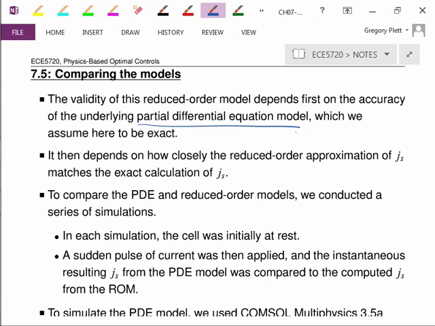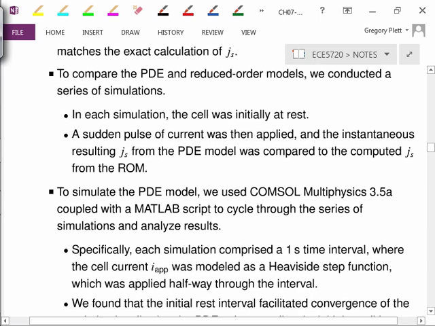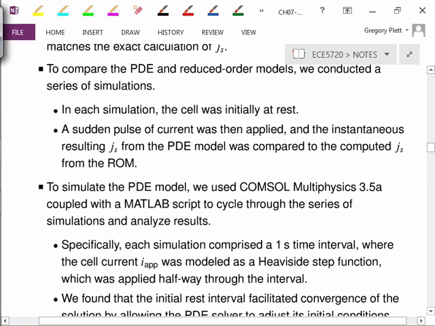If we assume that, then the validity of our reduced order model depends on how closely our approximations match the Ramadas calculations. So we decided to investigate how well this worked by conducting some simulations.